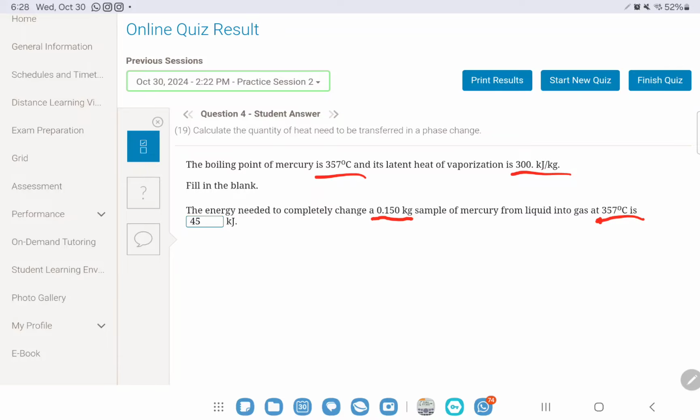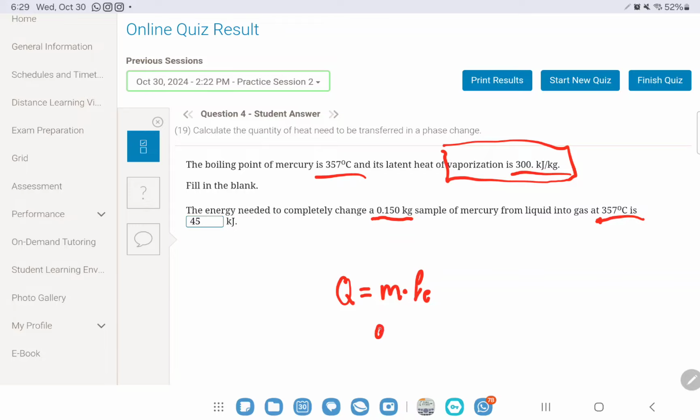So we know we're boiling. Since we're boiling, we know that we have to use the vaporization number here, the latent heat. So in this case Q equals M times L_e. Or is it L_e? I think L_f is for fusion, yeah, L_e is for this. So M times L_e.